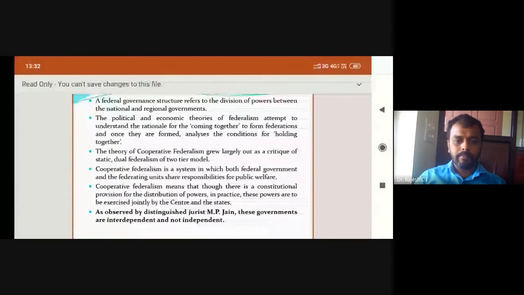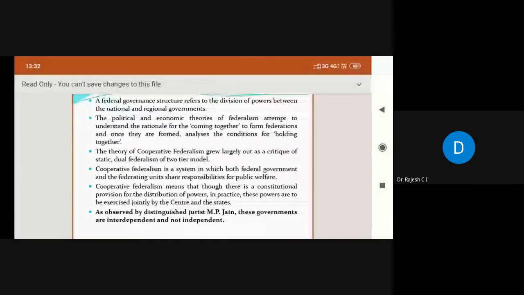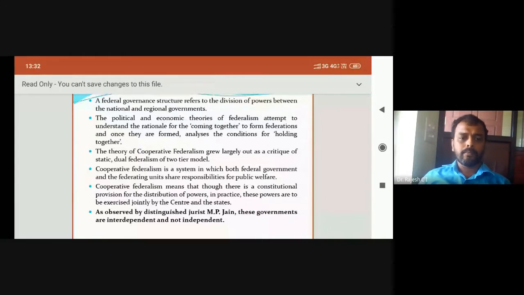Now, federalism may be executive, cooperative, collaborative or competitive. The Indian model of federalism is cooperative, as laid down by the Supreme Court in State of Rajasthan versus Union of India, and also as observed by distinguished jurist MP Jain, these governments are interdependent and not independent.